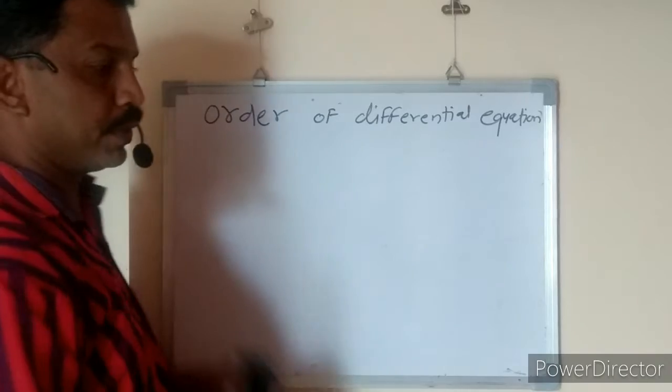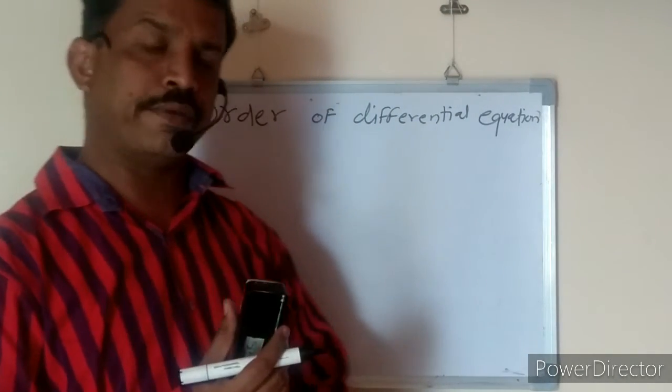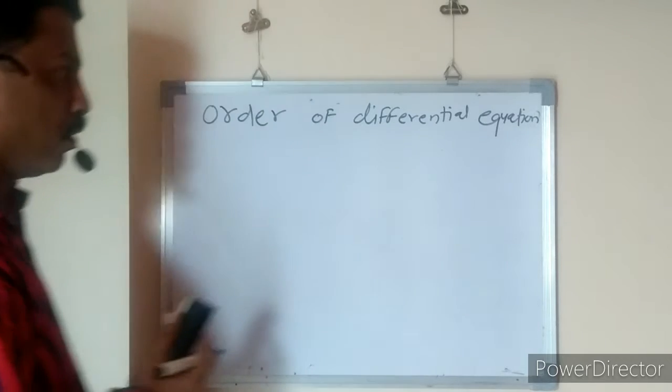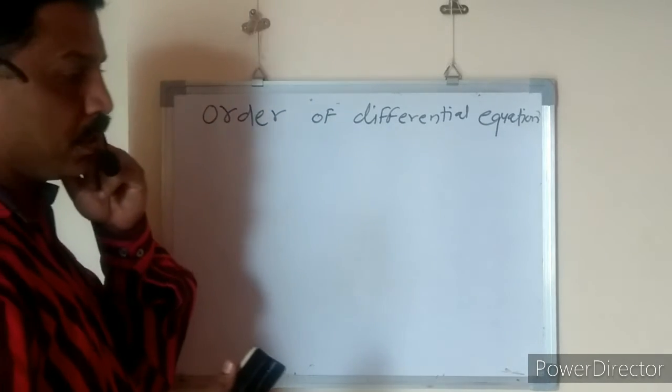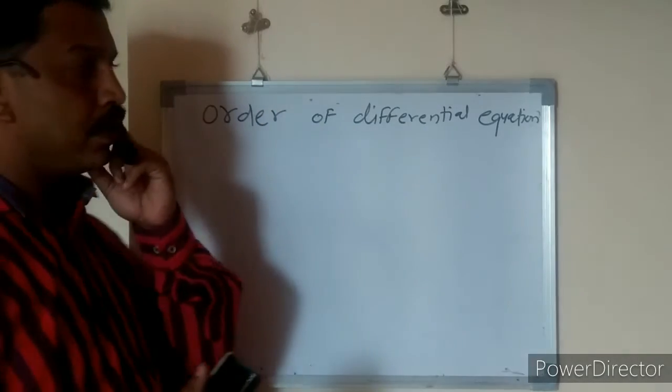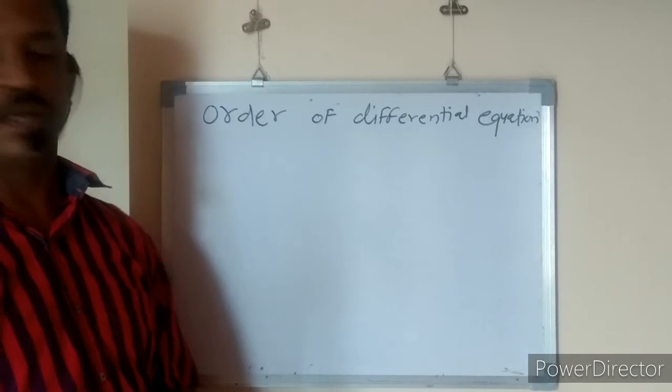Order of differential equation. The order of differential equation is the highest derivative in that particular equation. The highest derivative in that equation is known as the order of that differential equation.